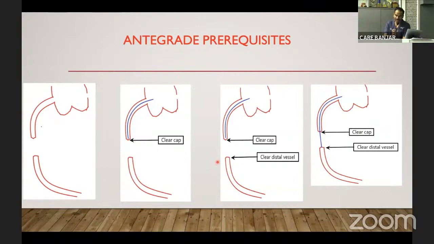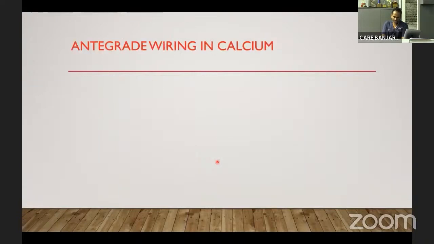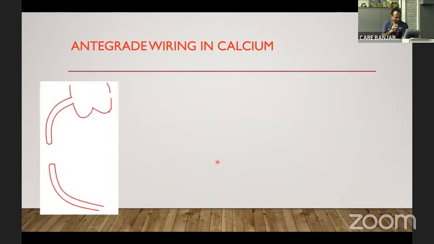That is the key in Antegrade success. If you don't have a clear cap, and if you don't have a clearly visible distal vessel, then you are going to struggle with Antegrade CTO PCI. Those are the patients where obviously you need even a retrograde approach to work on.